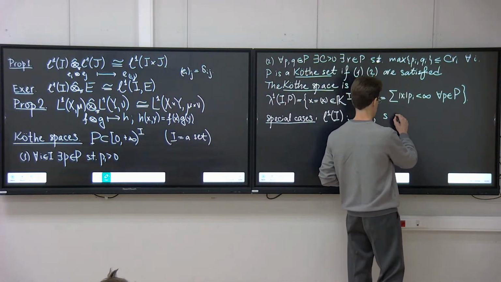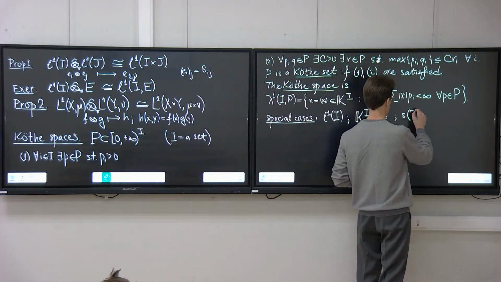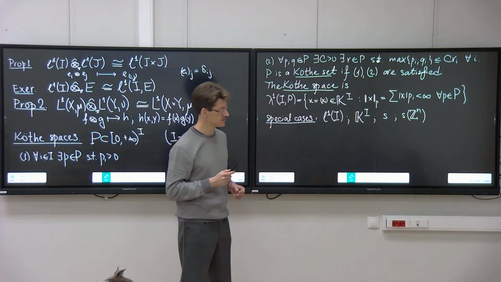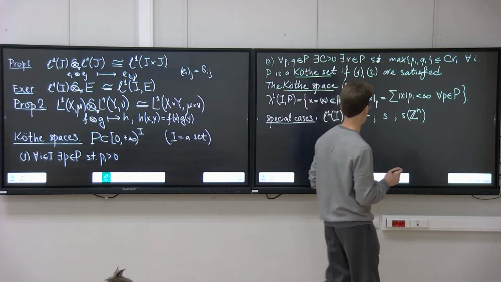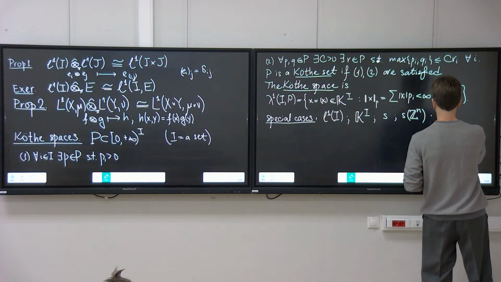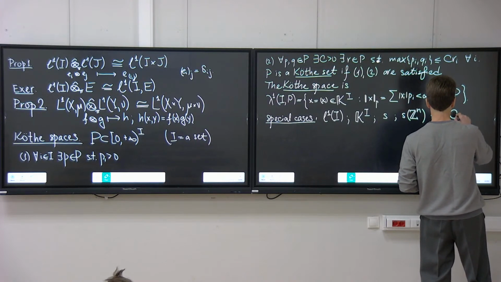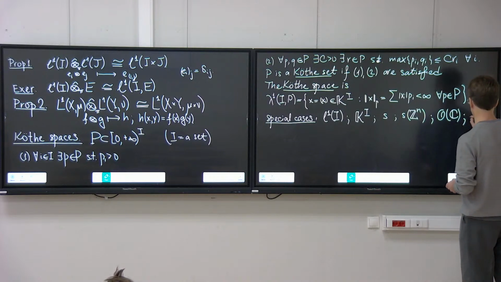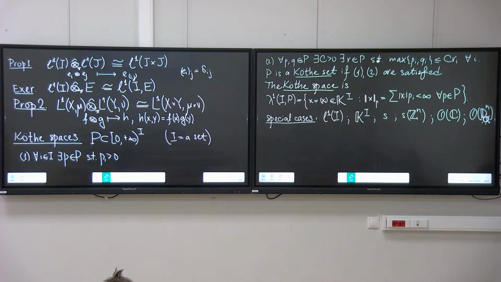And more generally, the space little s of z to the power n, which consists of rapidly decreasing sequences indexed by n-tuples of integers, is also a Curtis space. The space of holomorphic functions on the complex plane is also topologically isomorphic to a suitable Curtis space. And more generally, the space of holomorphic functions on an arbitrary n-dimensional open polydisk is also isomorphic to a suitable Curtis space.